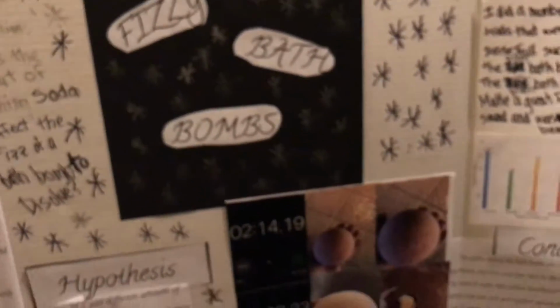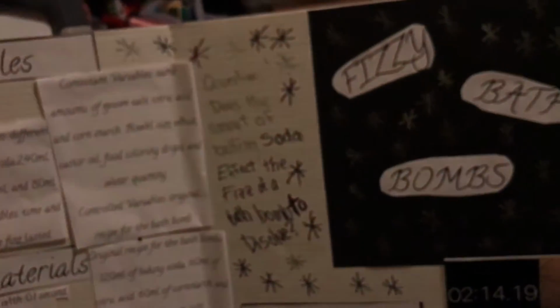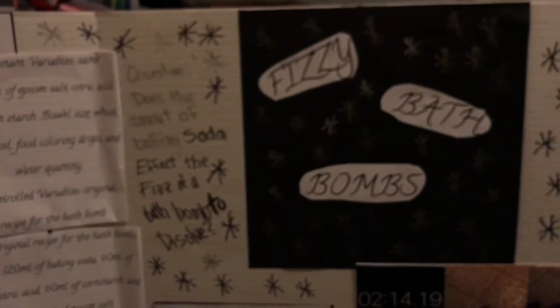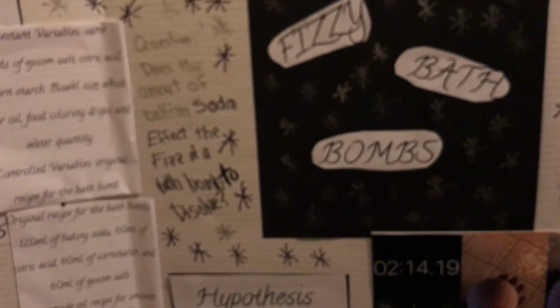And something else I wanted to talk about is my background information. That is what I had to do, what I investigated. What I researched was the reaction between the citric acid and the sodium bicarbonate, which is also baking soda.